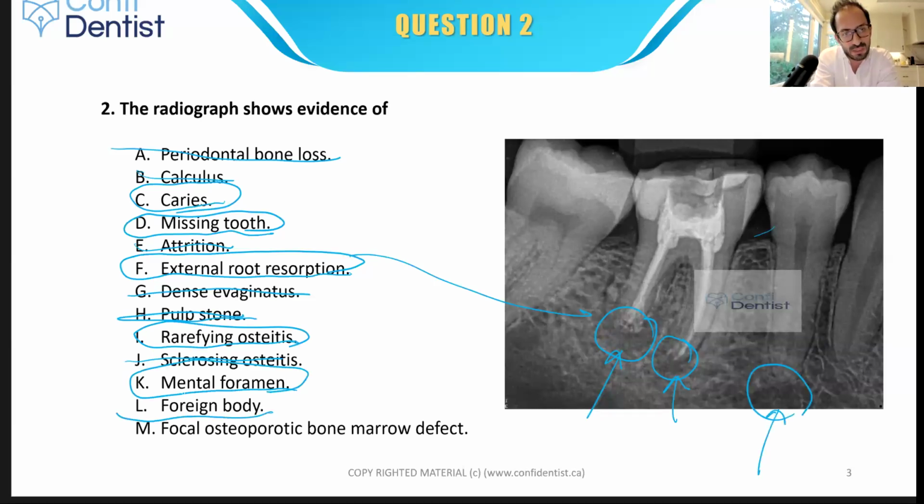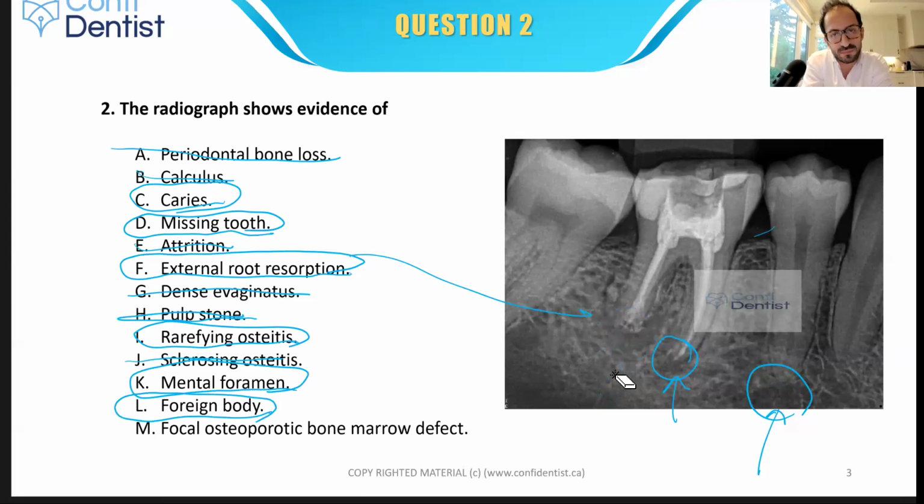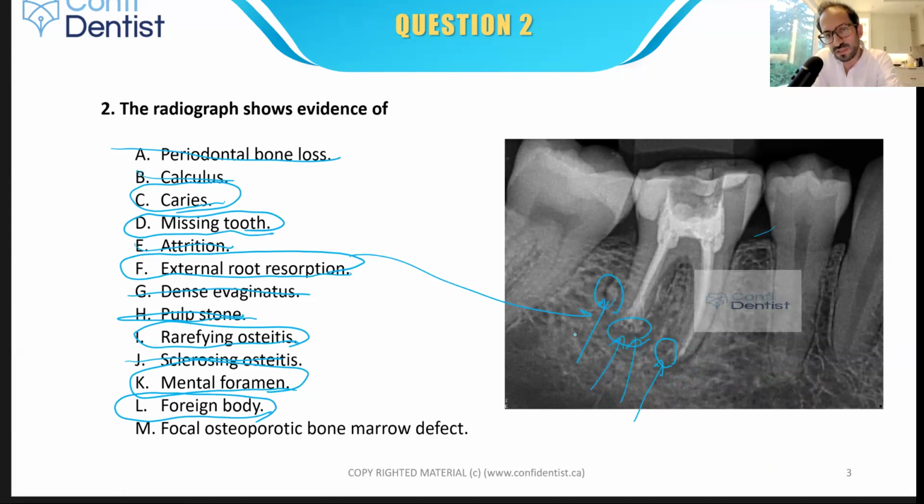Yes, foreign body. And the foreign body is the sealer. You can see some evidence of sealer here. Some sealer and some sealer here. There's also evidence of apical delta. And no focal osteoporotic bone marrow defect.